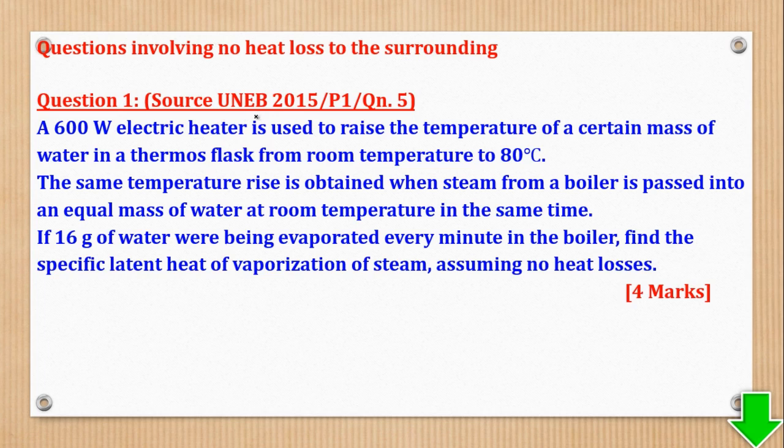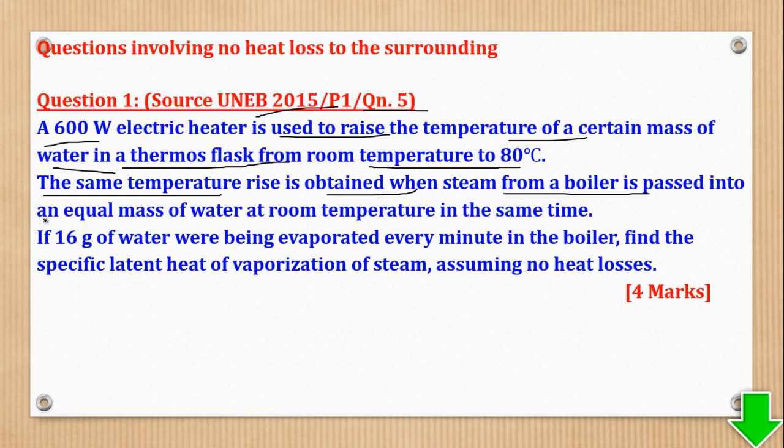Question 1 came from UNEB 2015 paper 1 question 5 and says: a 600 watt electric heater is used to raise the temperature of a certain mass of water in a thermos flask from room temperature to 80 degrees Celsius. The same temperature rise is obtained when steam from a boiler is passed into an equal mass of water at room temperature in the same time.